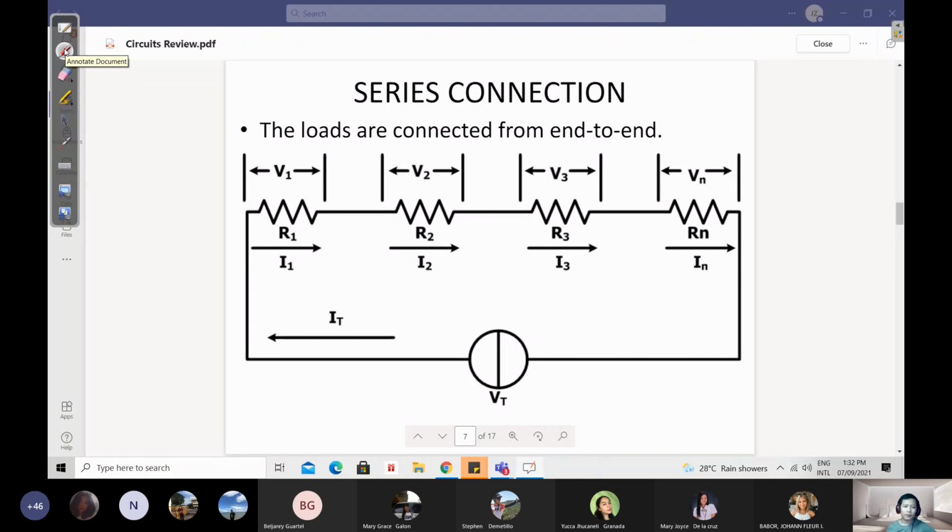What if I have here another resistor, let's say resistor R4. Question: are R1 and R2 still in series? Yes or no? Yes, sir. The answer is yes.